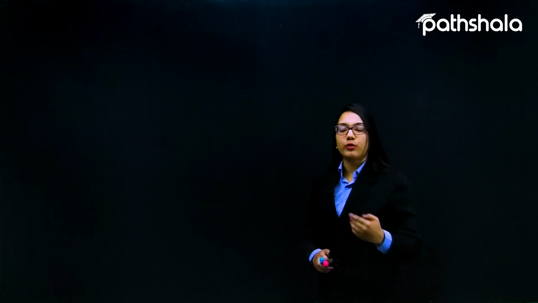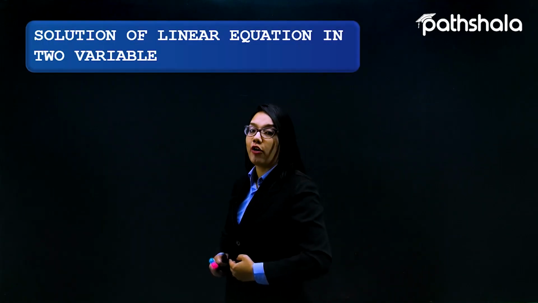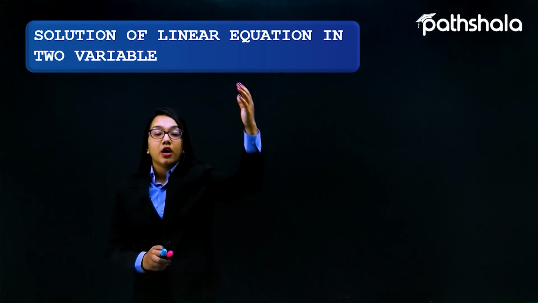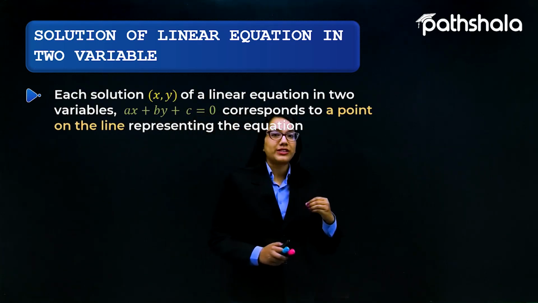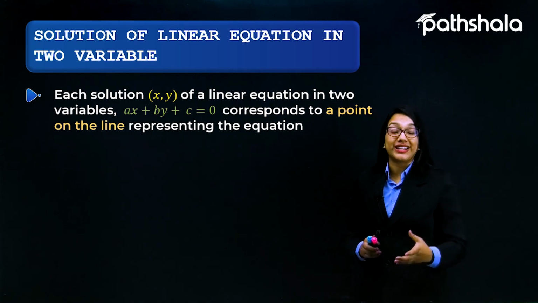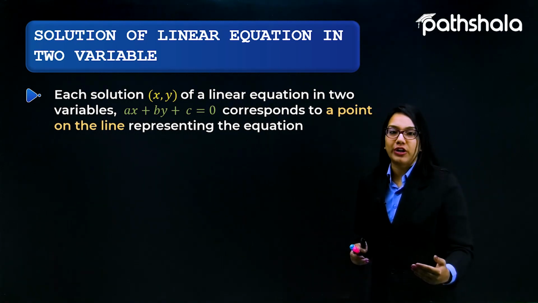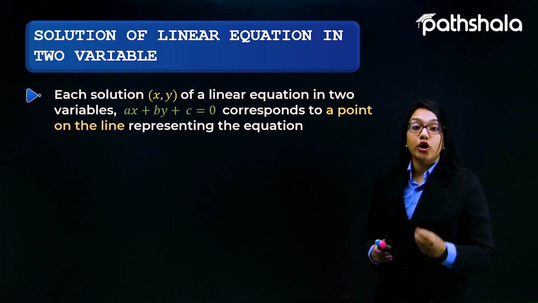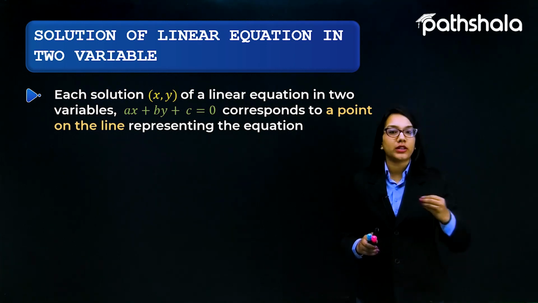Moreover, what we can say further about the solution of a linear equation in two variables is an important concept: each solution, which is of the type of the coordinate x comma y, corresponds to a point on the line.